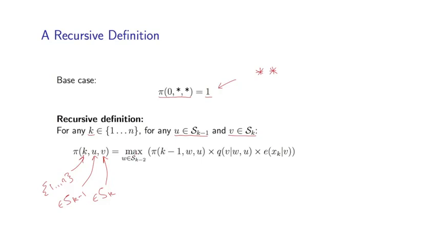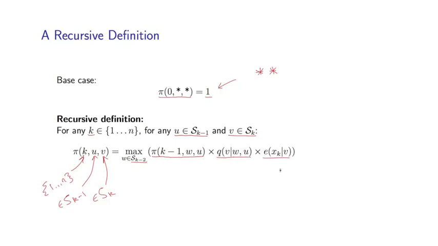And so what do we say? We say that this is equal to the max over all tags w at position k minus 2. So again, this is the set of possible tags at position k minus 2. We take a max over that. We compute pi of k minus 1 w u, and then we have q of v given w u, and then we have e of x k given v.